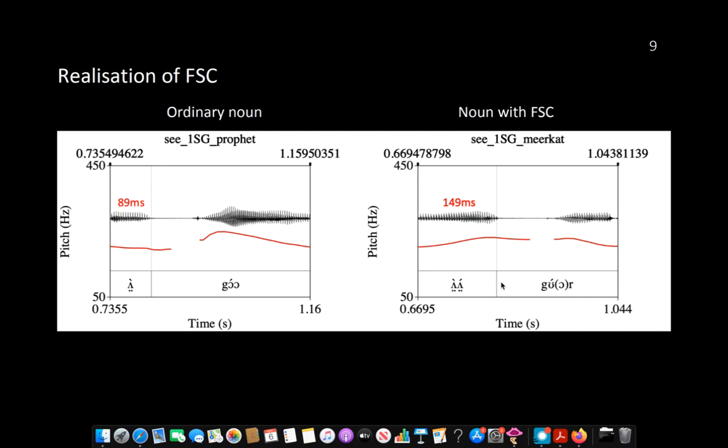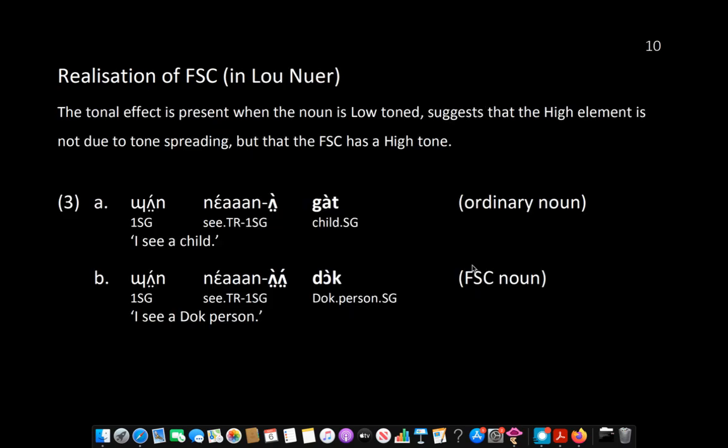Now, the nouns in these examples are high-toned. Thus, there is a possibility that the tone on the context before the noun with FSC is due to tone spreading. This, however, is not the case, as is evident from the examples where the FSC noun is low-toned.